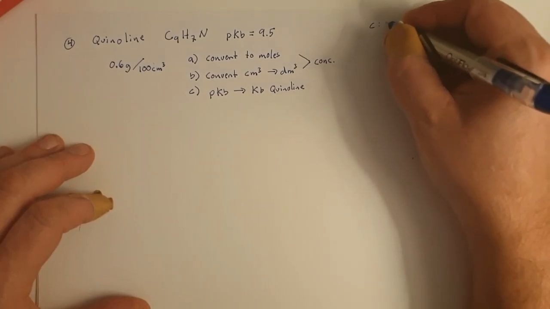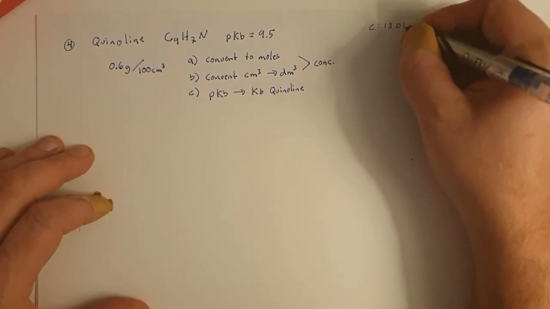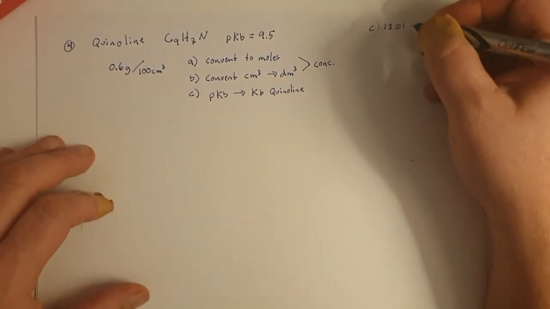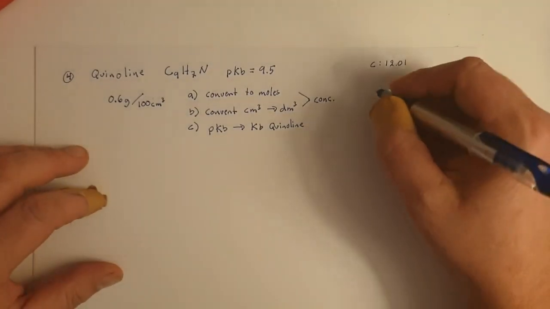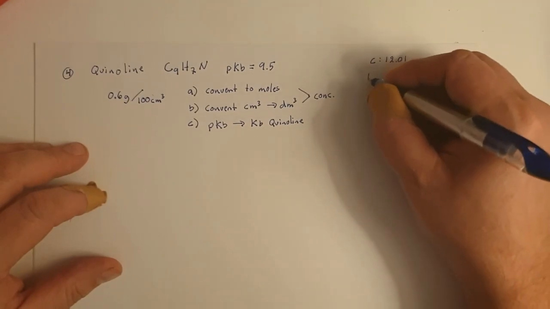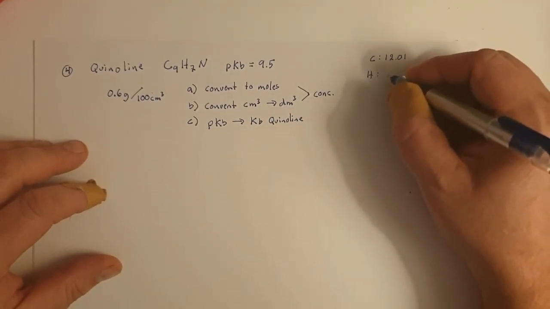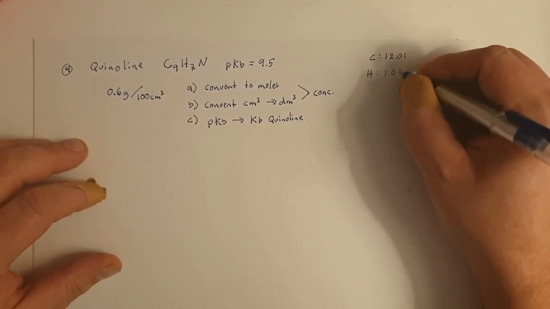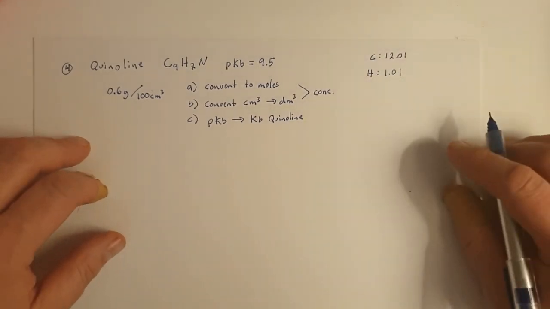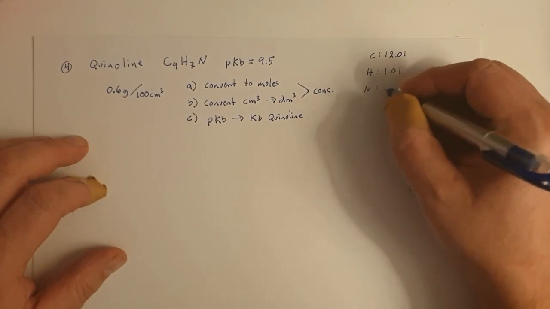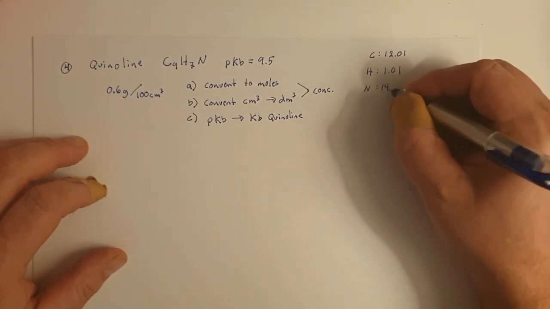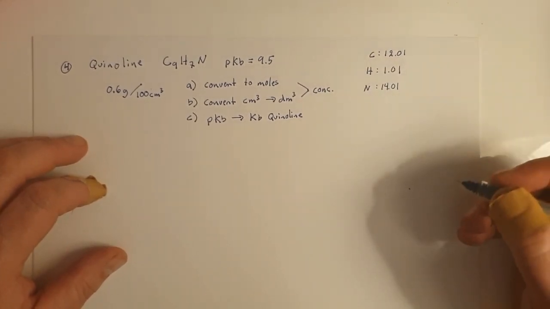We know that carbon is equal to 12.01, hydrogen is 1.01 molar mass, and nitrogen has a molar mass of 14.01.